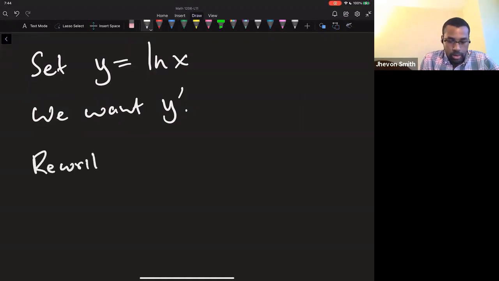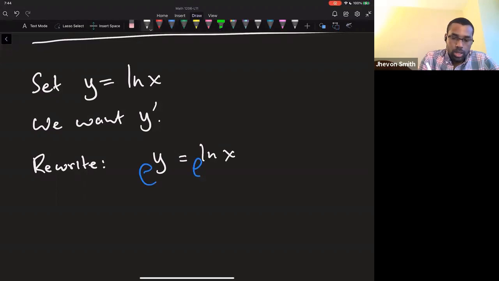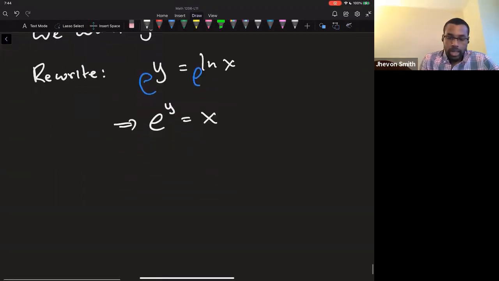If y is equal to ln x, we can raise both sides to the e, and so I would get e to the y is equal to x.